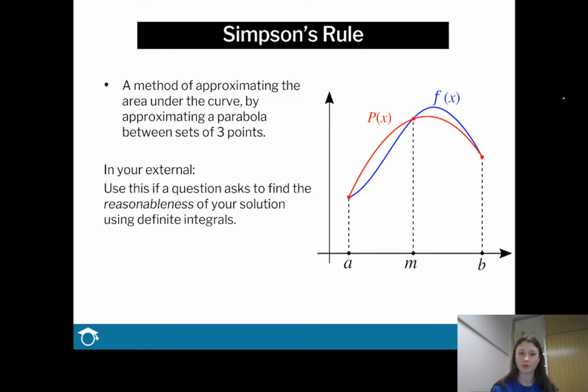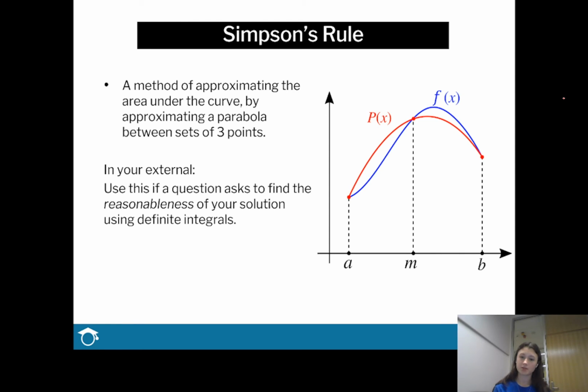And the question that you're most likely going to be asked on your external about Simpson's rule is either a multiple choice, or you might be asked to find the area under the curve using Simpson's rule and then check the reasonability of your answer by using definite integrals.